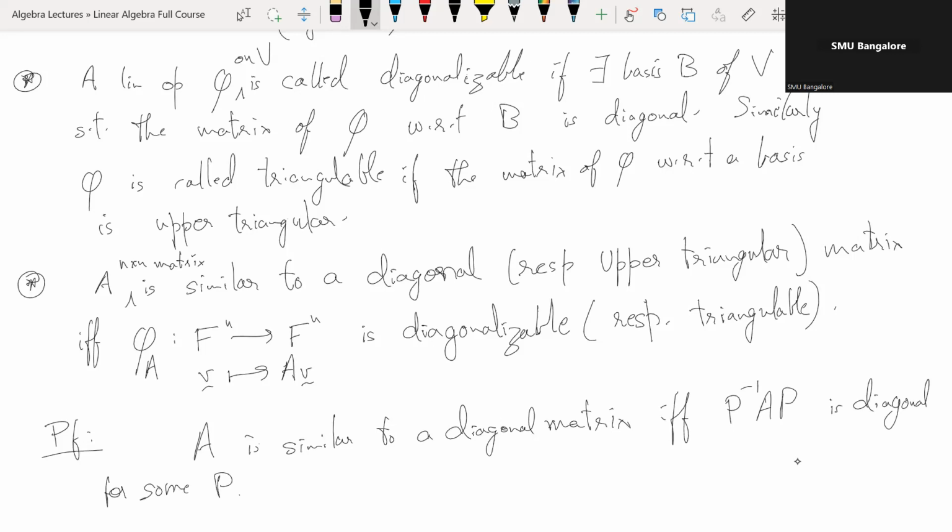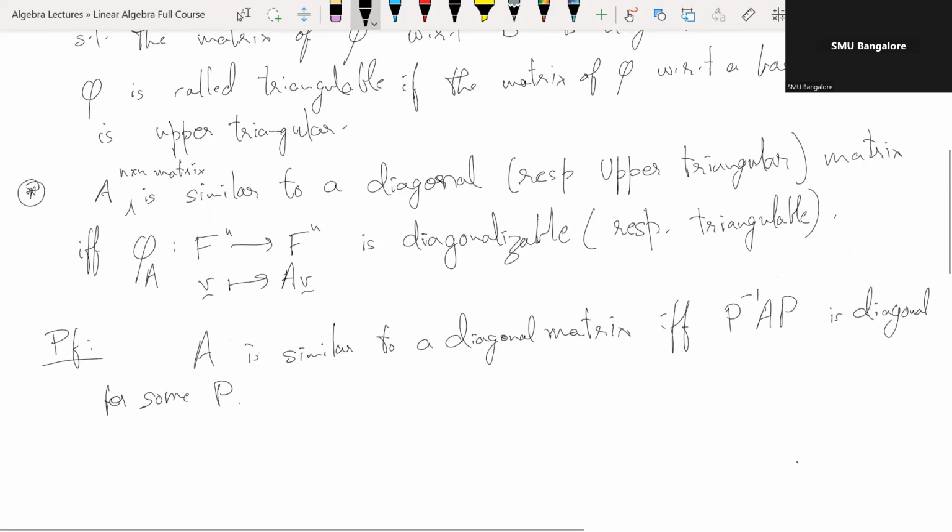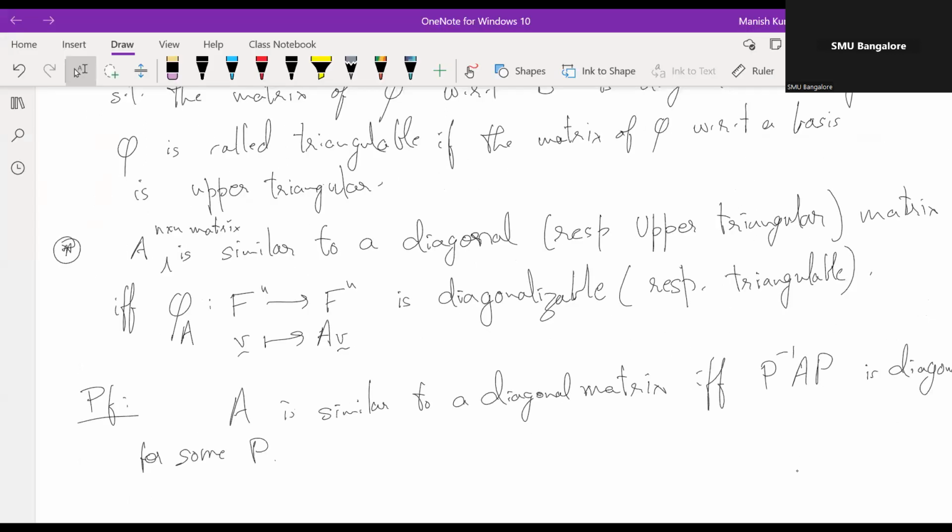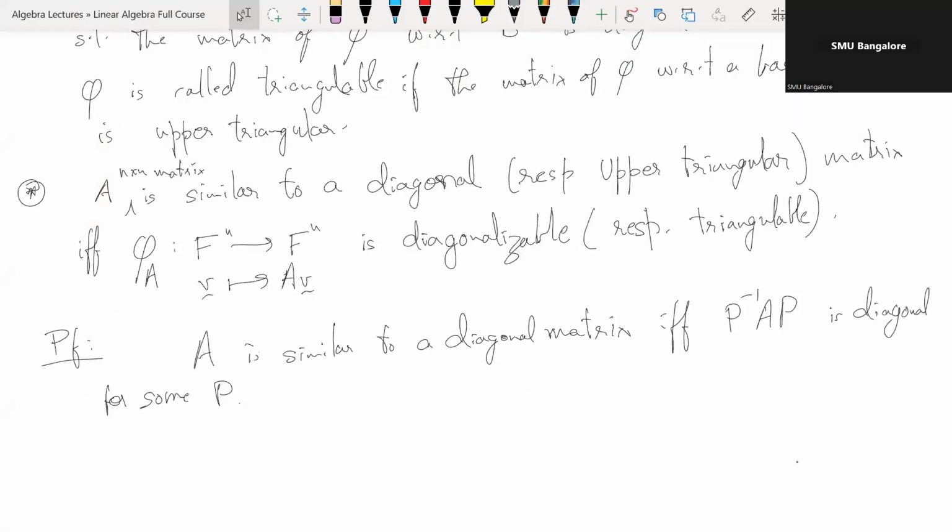Then what is the basis you have to take for F^n, with respect to which this will become a diagonal matrix? Any guesses? Let B be the basis.